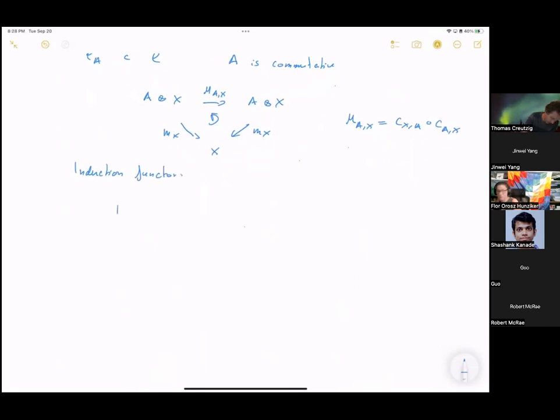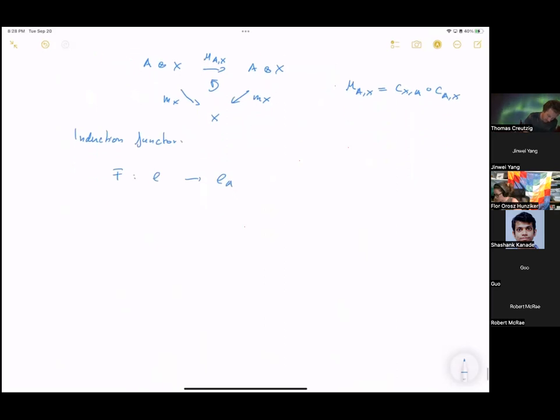And what does it do? It's a functor from C to our category of A modules that maps X to an object on which I can naturally define an action of the algebra. So what could I do?